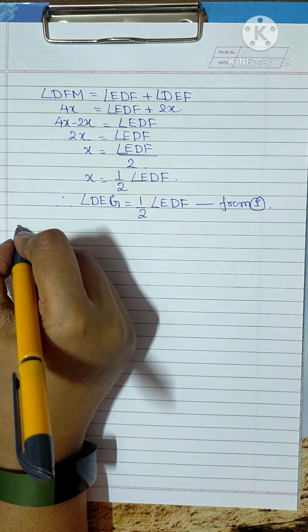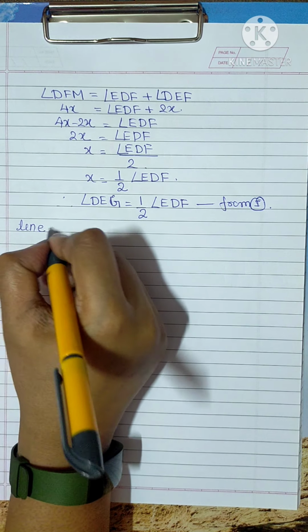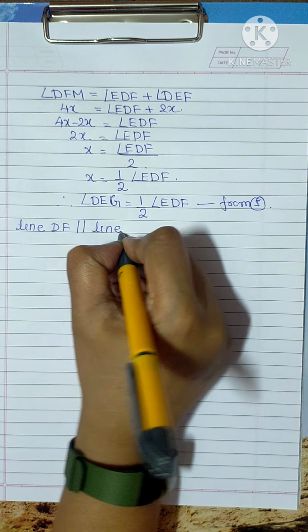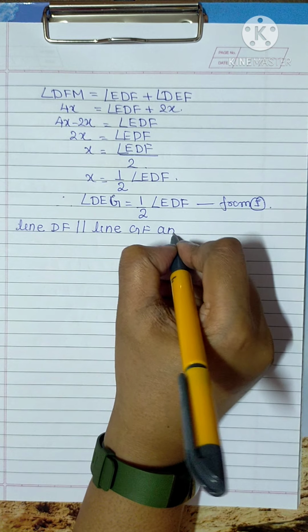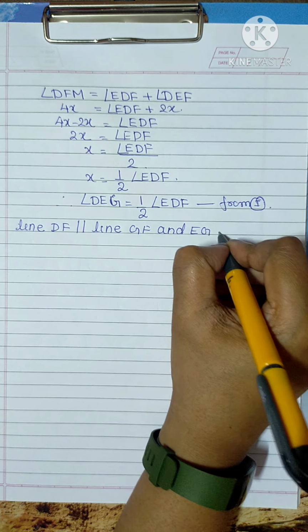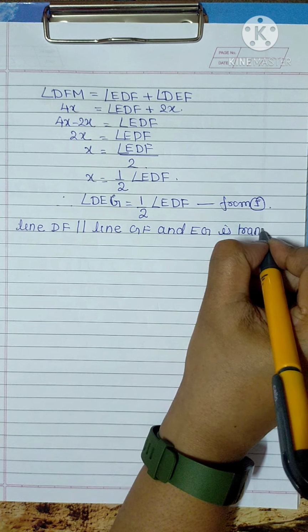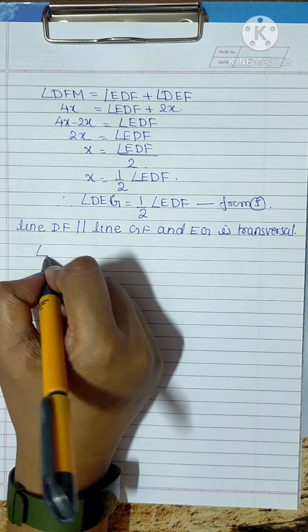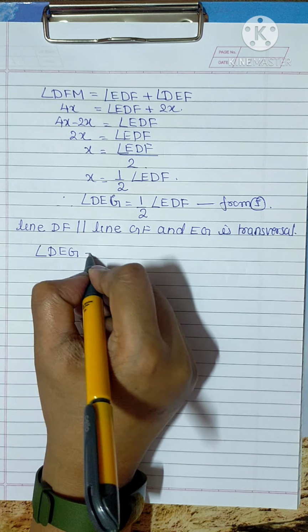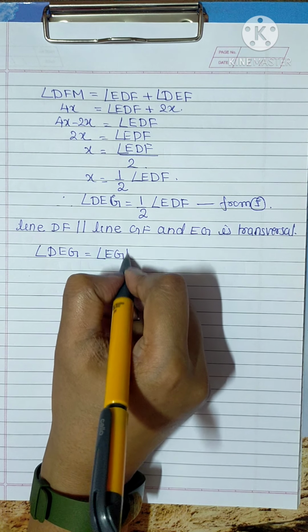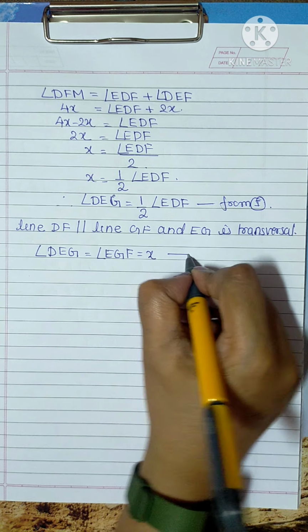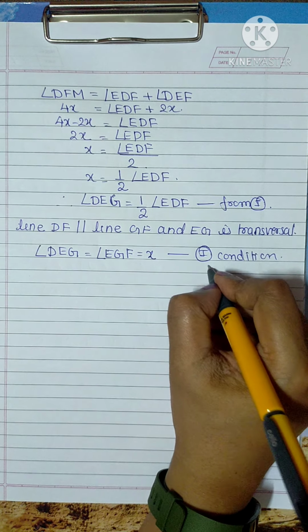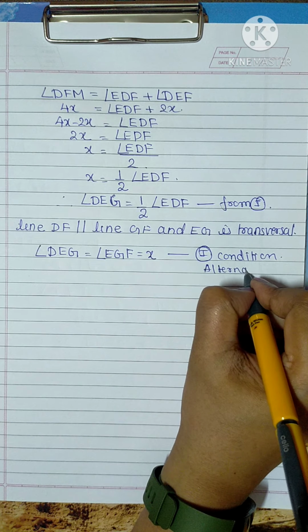Line DE is parallel to line GF, and EG is a transversal. Now angle DEG is equal to angle EGF equal to X from the first condition. It's also an alternate angle.